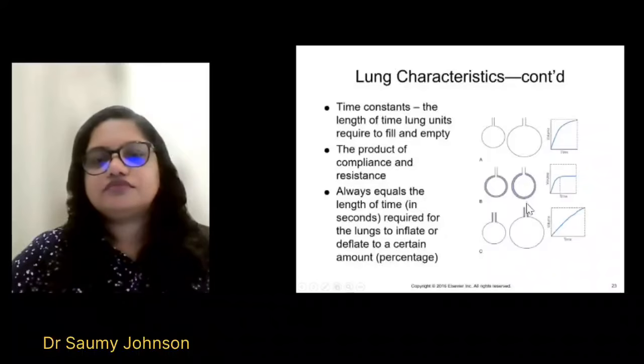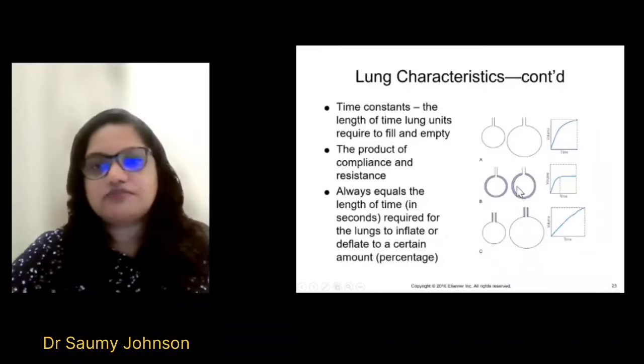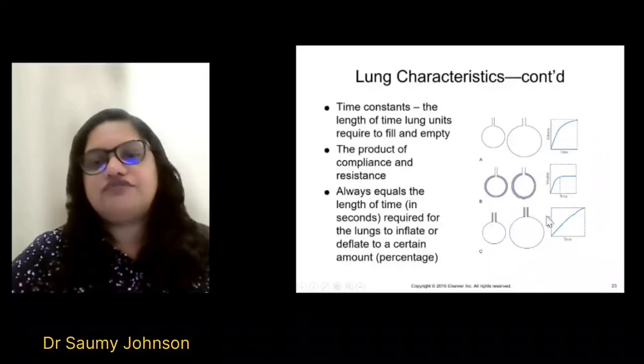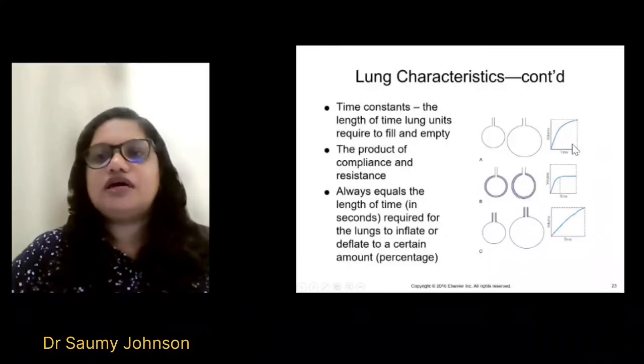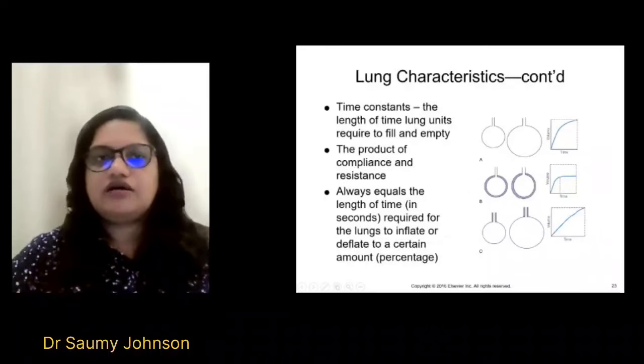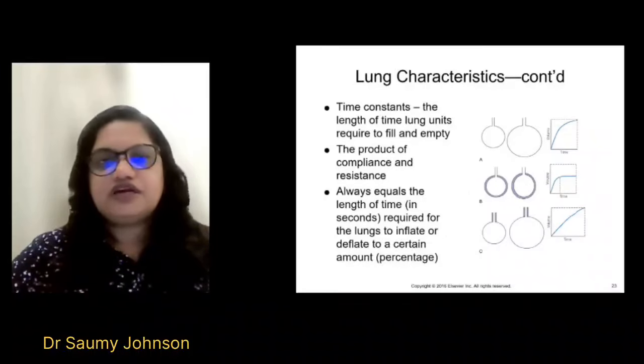So you can see different types of alveolus. Here it is normal. Here you have a very stiff lung, and you have a high resistance area here. So it depends upon the compliance and resistance of the system how much time it takes to inflate or deflate the lungs.